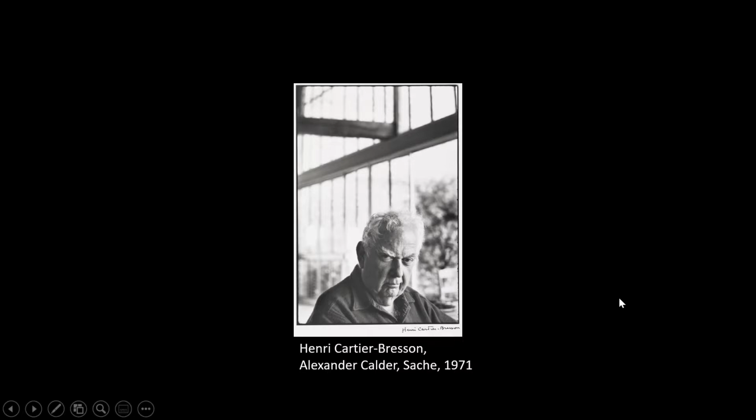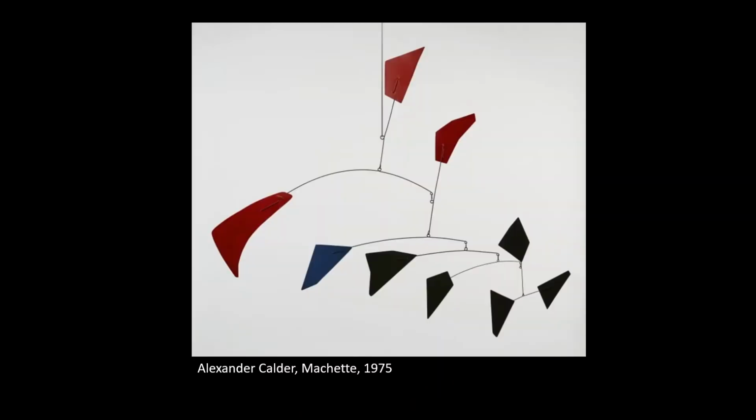Alexander Calder, by the way, was a famous sculptor, and he also used these principles. One of the reasons I like Alexander Calder is because his sculptures are hanging sculptures, and so they help to physically articulate these conceptual ideas of asymmetrical balance. I actually have one here for you to see.